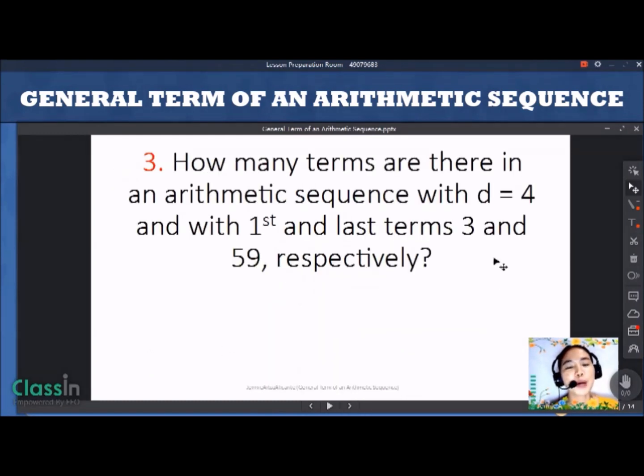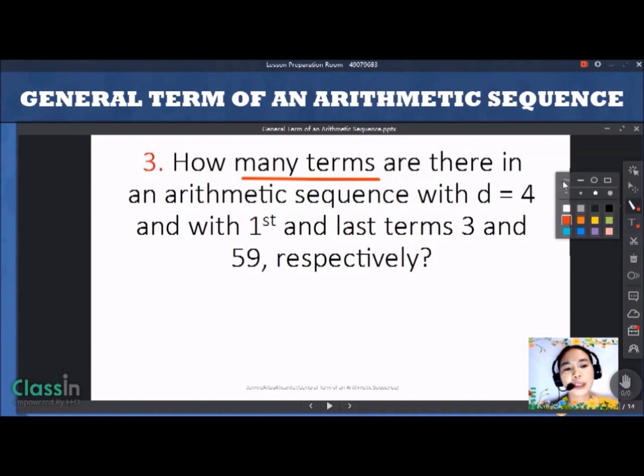For the third problem, we have, how many terms are there in an arithmetic sequence with d is equal to 4, that is the common difference, and with first and last terms 3 and 59 respectively. Now, we are looking for the number of terms.